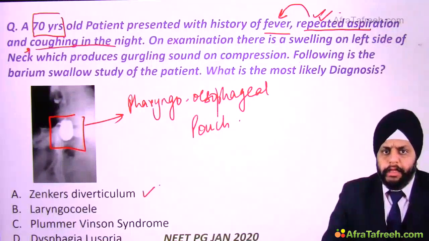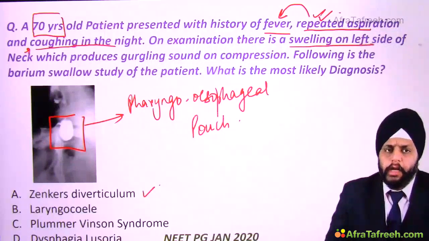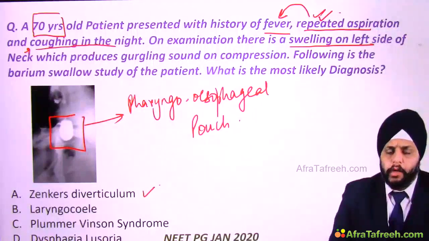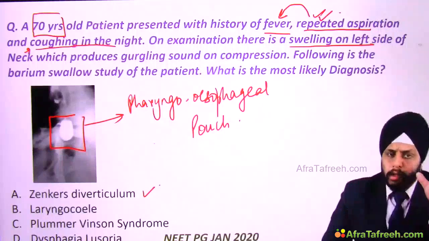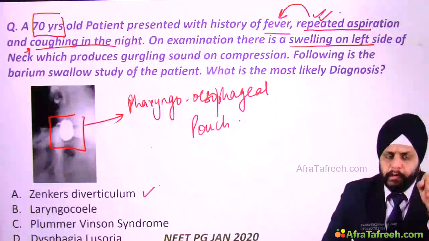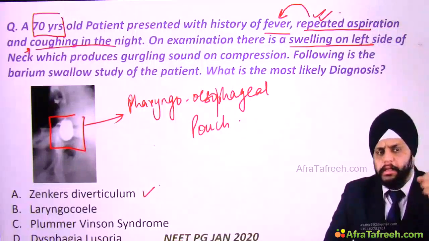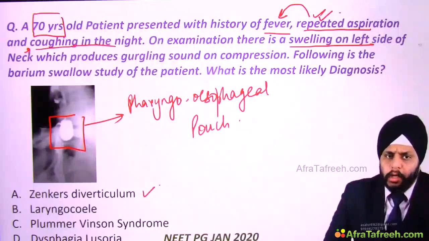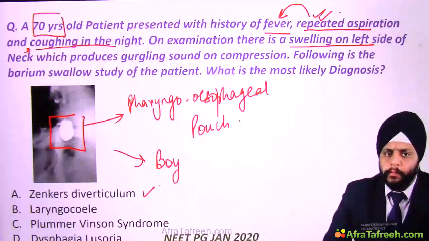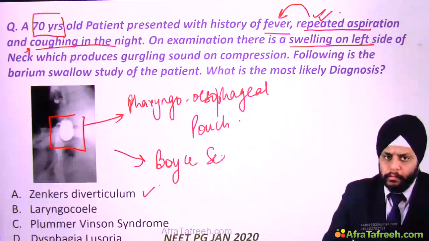You can see that there is a swelling on the left side of the neck, which produces a gurgling sound on compression. Remember that this pouch, you can press it. So when you press it, the food material in it will go out with a gurgling sound, and that gurgling sound is known as Boyce sign.